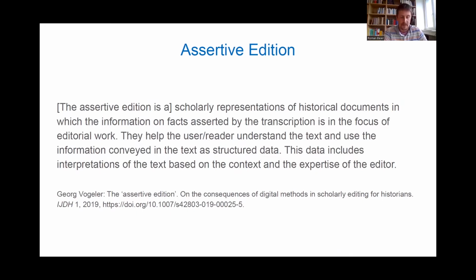Vogeler based his argument on the one hand on his own experience with print editions and mentioned several examples, such as the editions of the Imperial Diet records and the Diplomata series of the MGH. On the other hand, he also analyzed the editions listed in Sahle's catalog under the general subject heading history, the ones that we have just seen. We have seen that there is quite a substantial amount of editions to analyze.